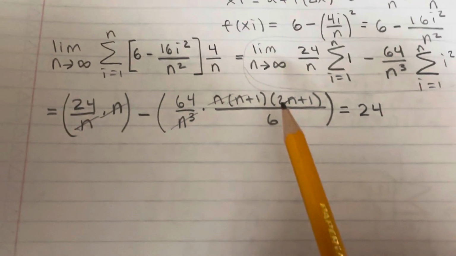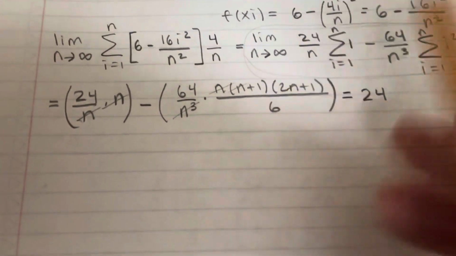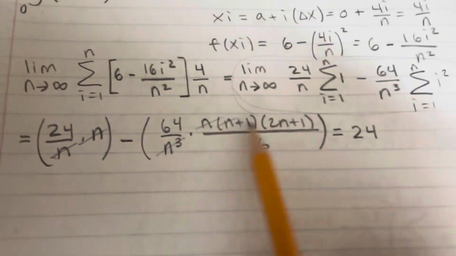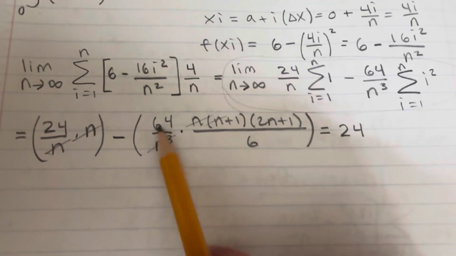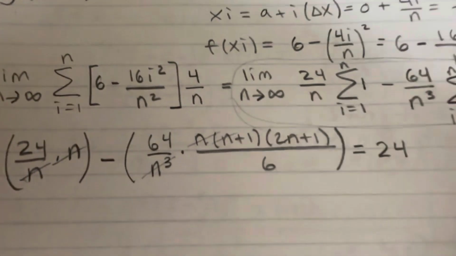However, we have this 2 right here. We need to take that into account. So when we have this 2 here for i squared, we multiply this number times 2. And 64 times 2 is 128.